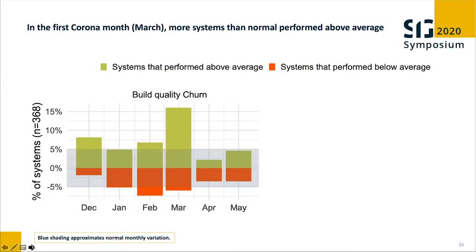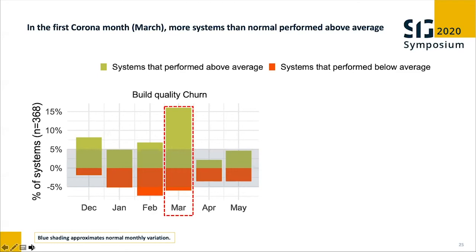If you see the months here, December, January, February, basically the final months before the lockdown. Then we see March, which pops out because the green bar here represents systems that actually performed better than what their statistical model was suggesting it would. So they added more quality than we thought they would do in March.